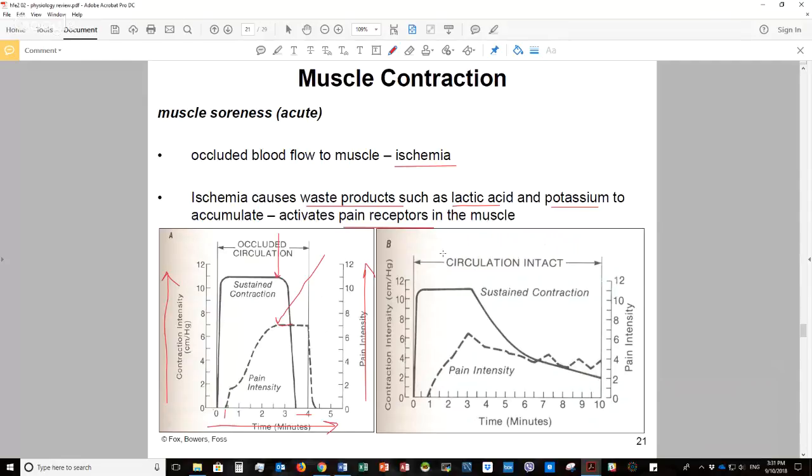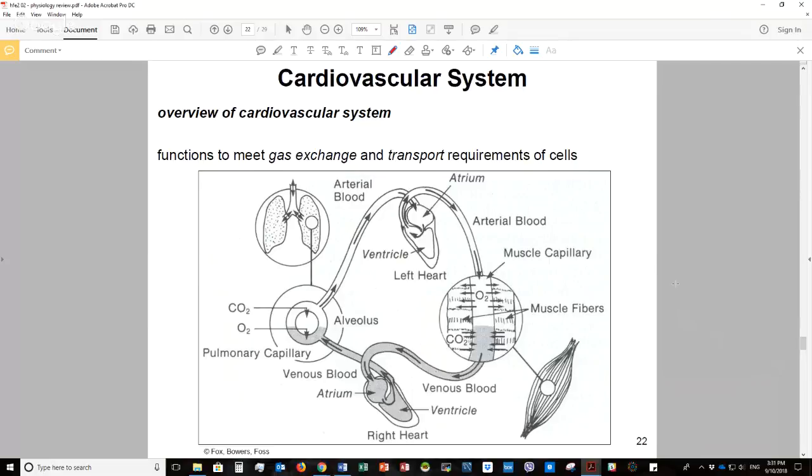You can see here where when circulation is intact, that sustained contraction, it's not quite as painful. Peak here, maybe 6, but it's only for a moment, whereas you have a sustained 7 when you have blood flow occluded, when you have ischemia, not enough blood getting there. So again, static work is bad, dynamic work is good.